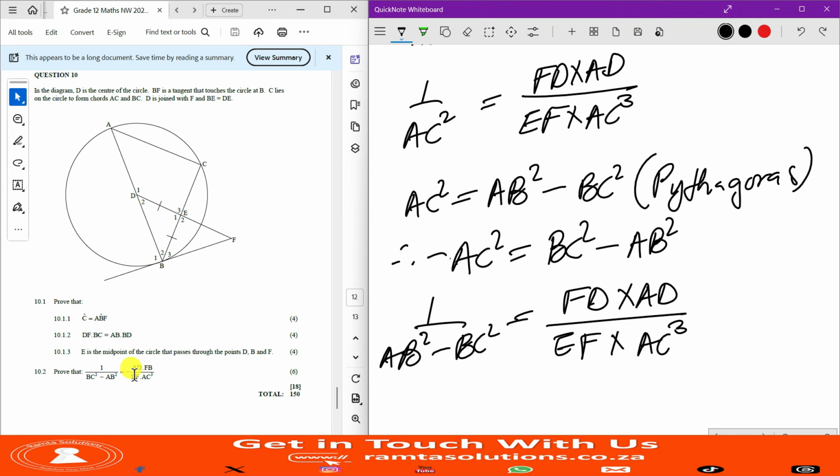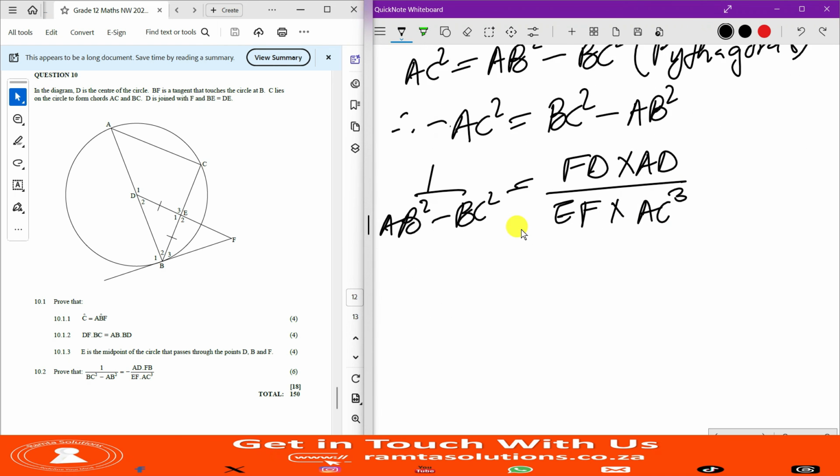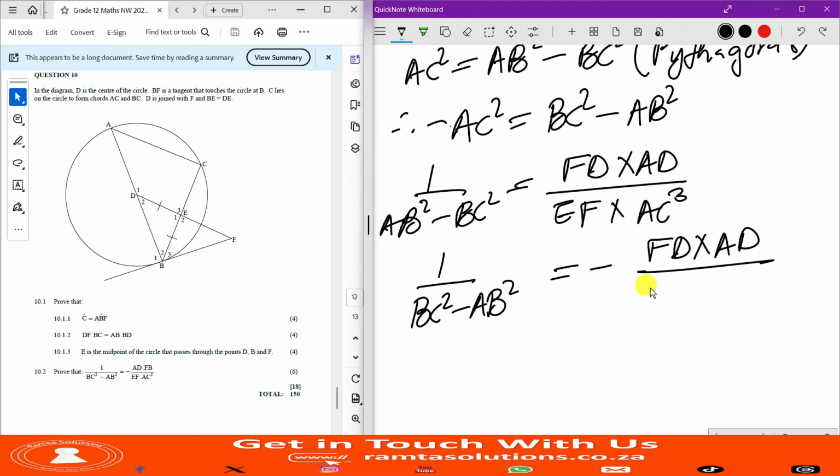But there's a minus. Where is it coming from? Check this out. This is AB squared minus BC squared. So if you take a negative as a common factor, you will be having BC squared minus AB squared. Therefore, you can say it is equal to FD times AD all over EF times AC cubed.